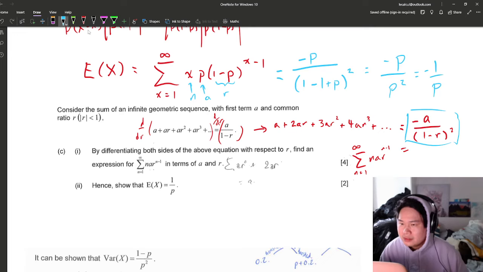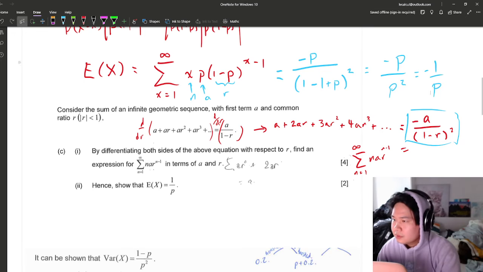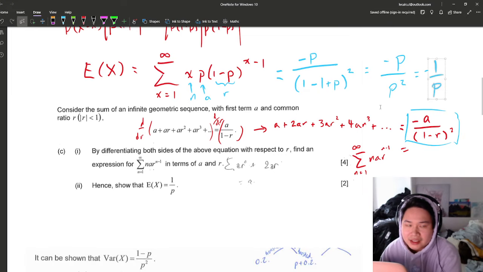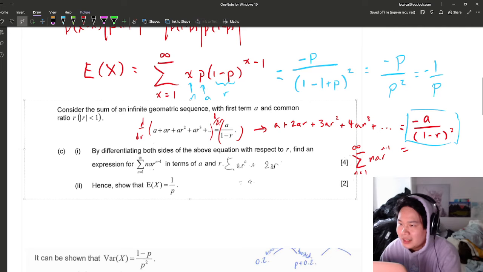Why is it negative? Did I mess up a sign somewhere? Okay. I almost have it. Did I mess up a sign? Wait, hold on. Okay. ar, right? a is p, so p goes up here.